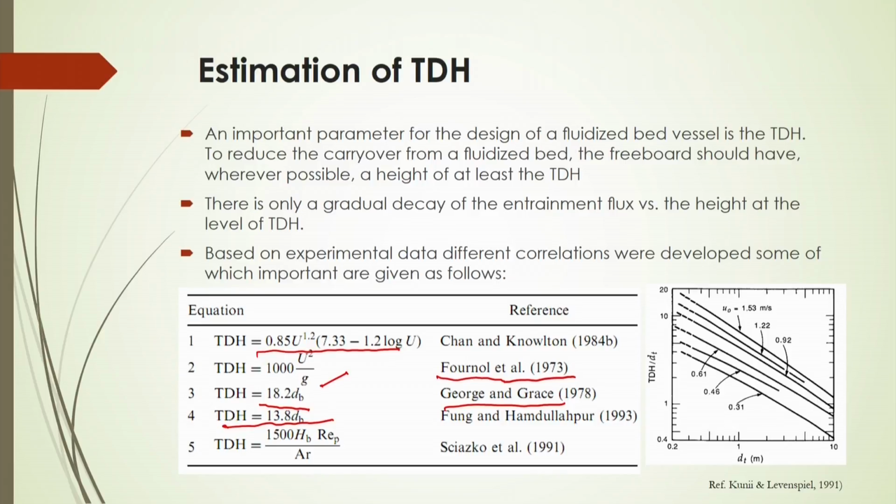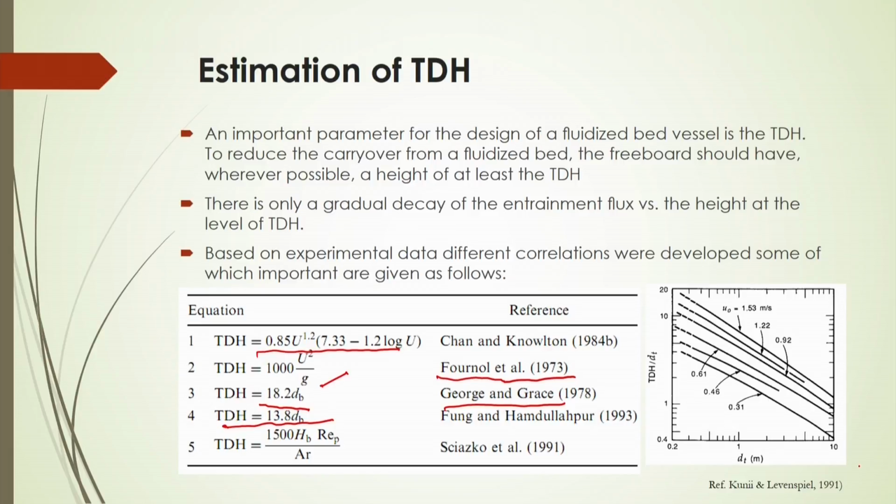And Siasco et al., 1991, proposed a correlation for TDS in terms of the Reynolds number of the particle and the Archimedes number. They stated that TDS is proportional to the Reynolds number of the particle and the height of the bed, and inversely proportional to the Archimedes number.